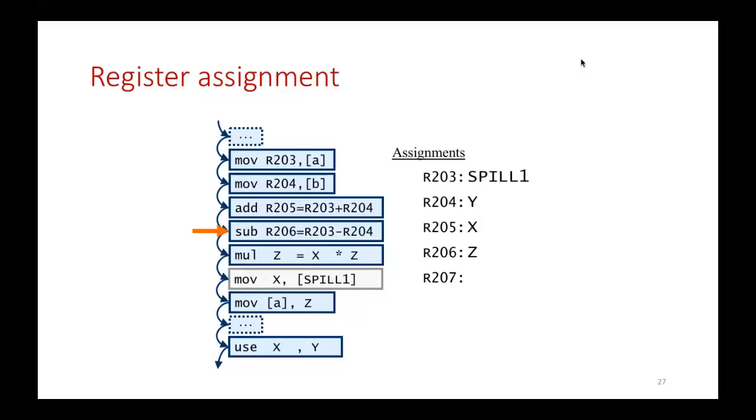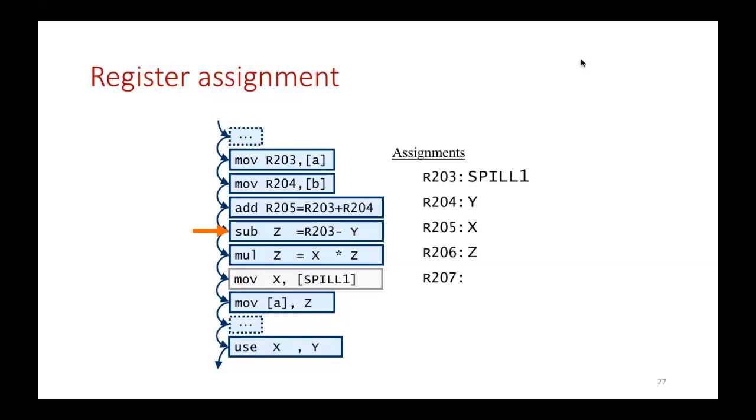We're now at the subtract instruction, so we process the definition first. Let's just go back for a sec. R206 was already assigned to Z, and R204 was already in Y. But R203 here is a bit of a challenge because it's in a spill state.